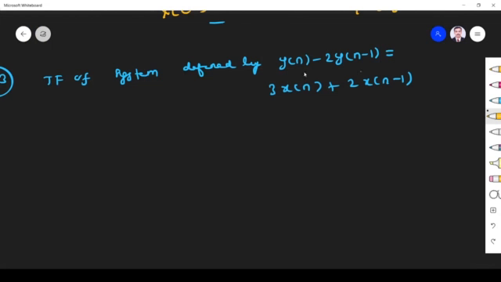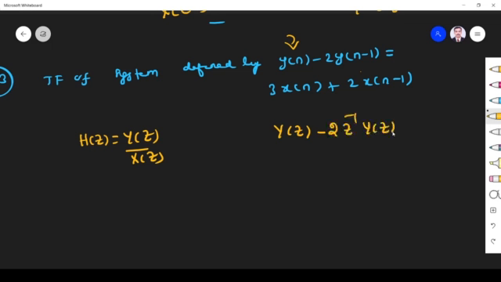Find the transfer function of the system defined by the equation. Transfer function means we have to take the z transform because it is a discrete time system. So what is the z transfer function? H of z is equal to Y of z divided by X of z. So take the z transform on both sides and manipulate it. By the time shifting property, z inverse Y of z, so Y of z equals 3 X of z plus 2 z inverse X of z.